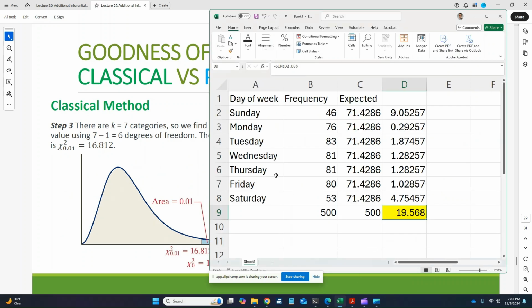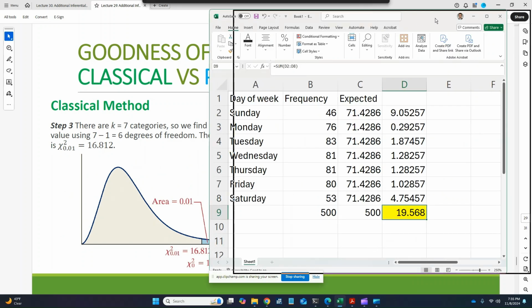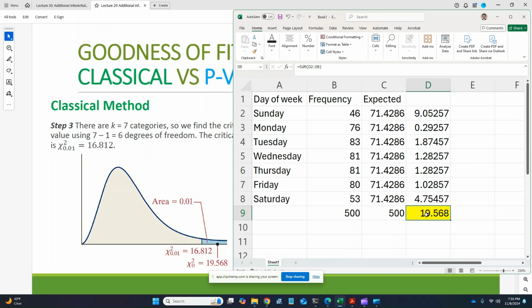Essentially, we are checking if this value goes beyond this threshold level, and the threshold level is determined by the level of significance that we chose. The shaded region is alpha, the area that shows the critical region. 0.01 is our level of significance.